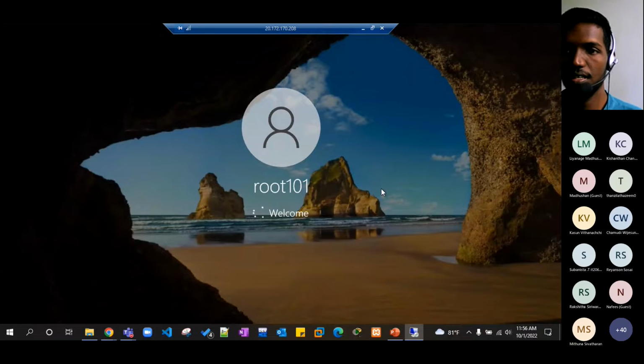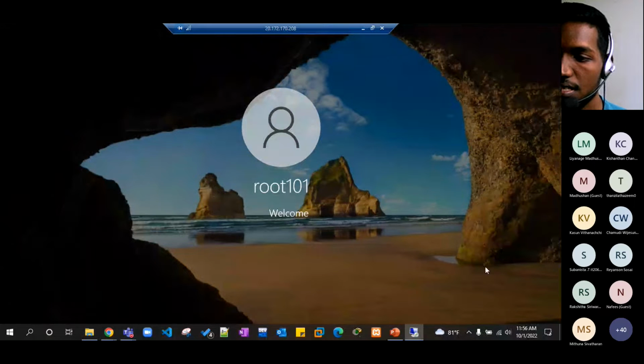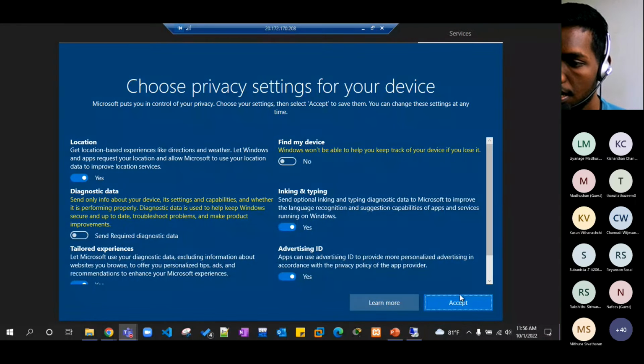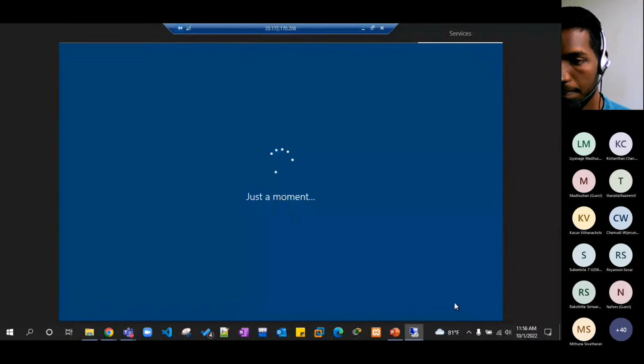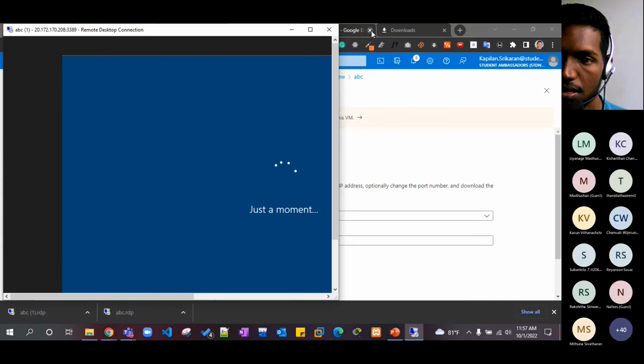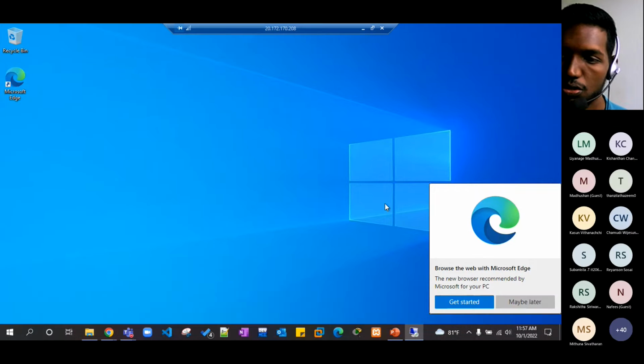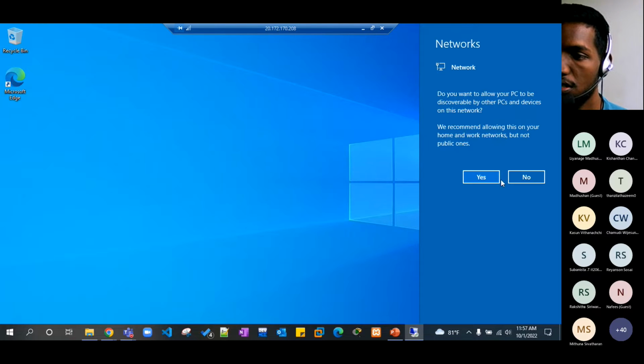Still loading, and the Windows server is now deploying. So give me a minute. It's like you are rendering the Windows server, so you can use whatever configuration you want for the servers.